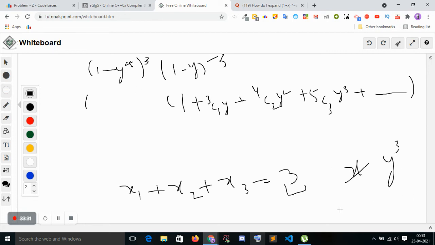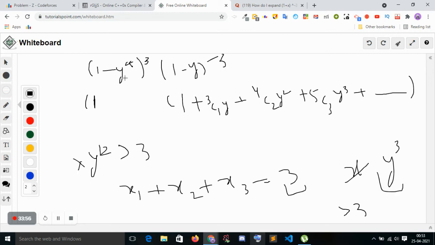Powers more than 3 are actually discarded, because they will not affect our result. Here a cube minus b cube becomes y to the power 12, which is more than 3, so I will discard this out.